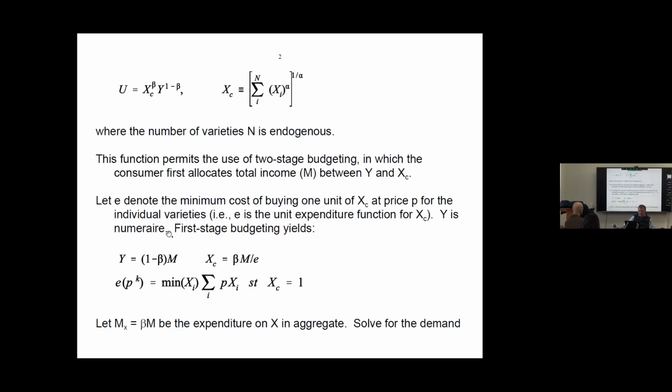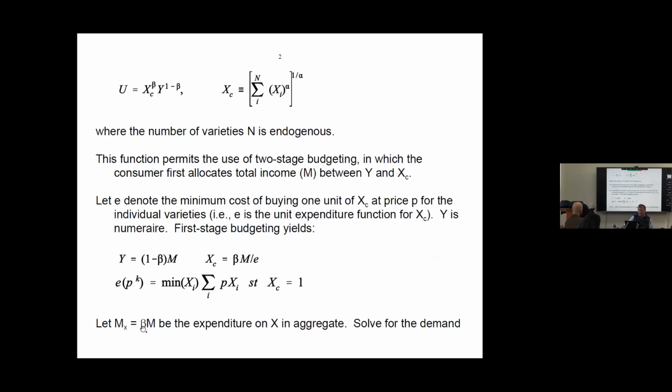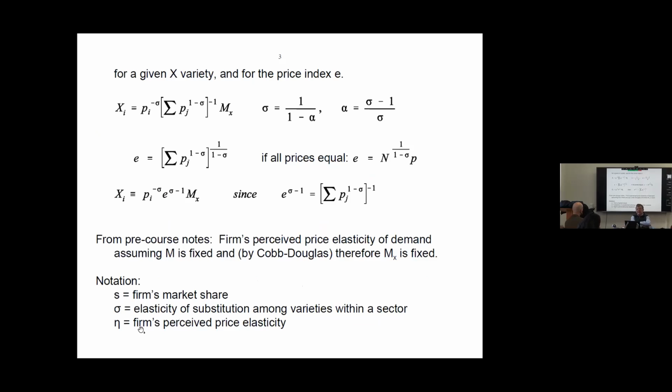So I just let m_x equal beta m, so just a little less notation. So m_x is this expenditure on X in aggregate. You solve for the demand for a single X variety, so variety i, and you get the following. And the algebra, by the way, is in the original mailing to you from me or through Martha.